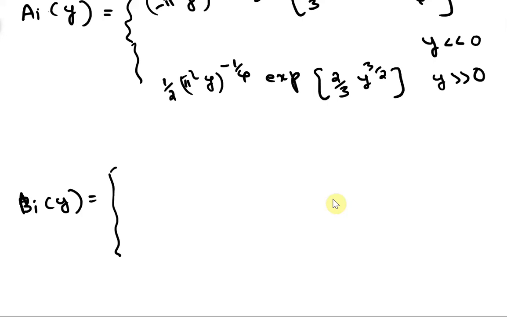Again, two forms: one is when y is very much positive and the other when y is very much negative.